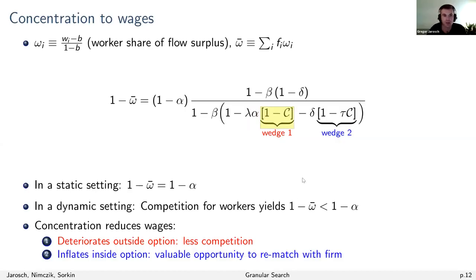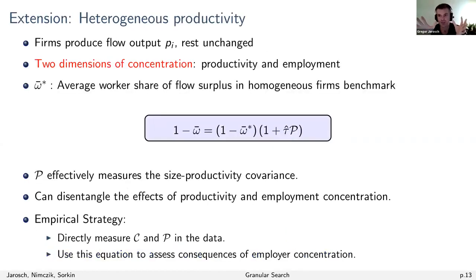Before I take this to the data, I'm going to briefly tell you how you can extend this to allow for firms that differ not only in terms of size, but also in terms of productivity. In particular, now assume that firms produce some flow output that may differ across employers, and the rest of the setting is virtually unchanged.